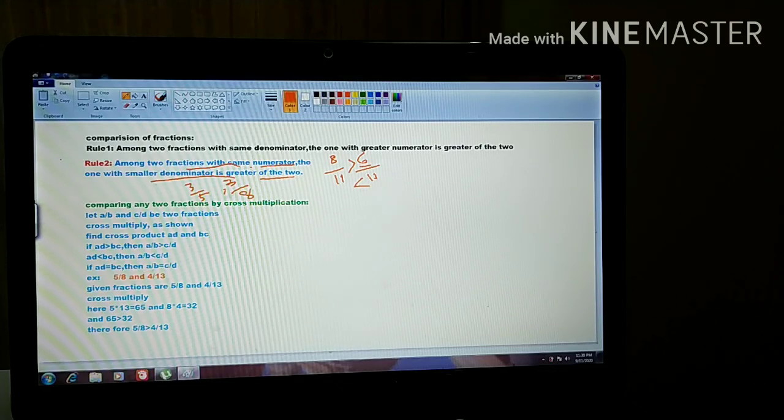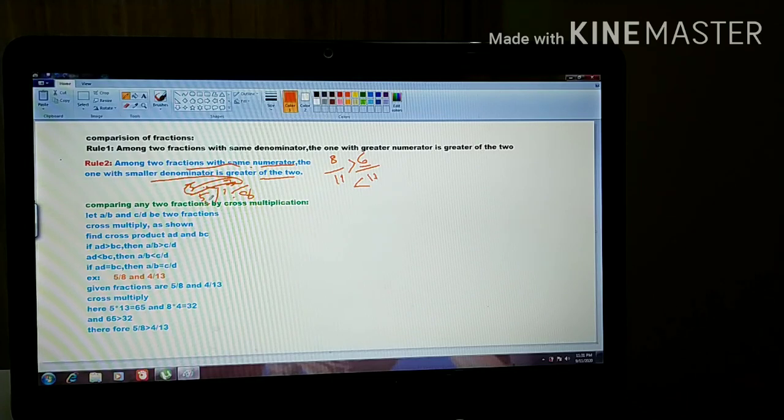If the numerators are equal, then we have to go for the denominators. The one with the smaller denominator is greater of the two. 5 is smaller, so 3 by 5 is the greater of the given two fractions. So if the numerators are equal, then we have to look at the denominators.